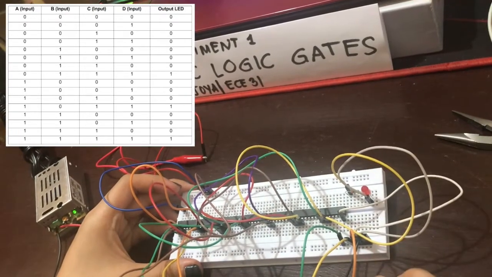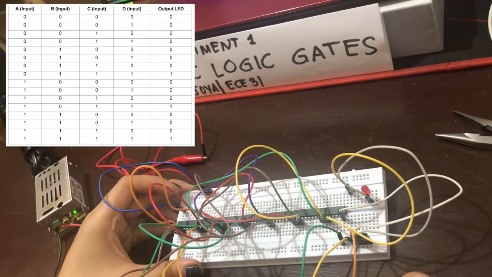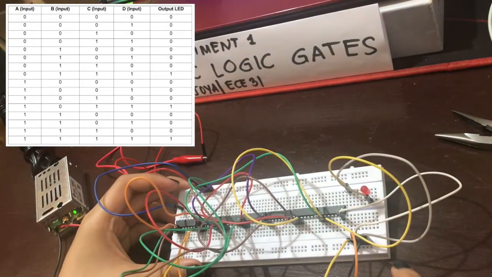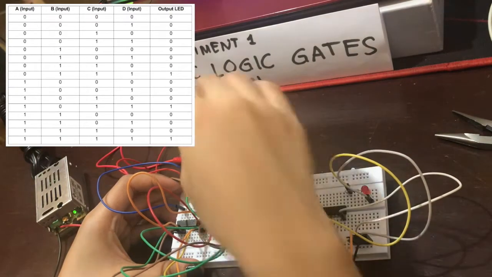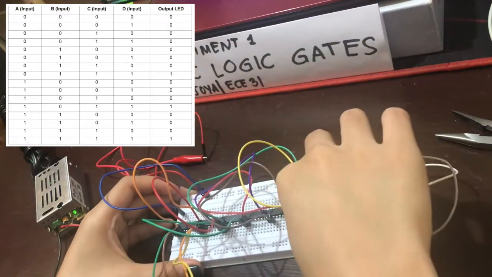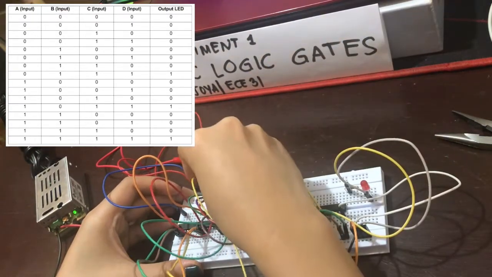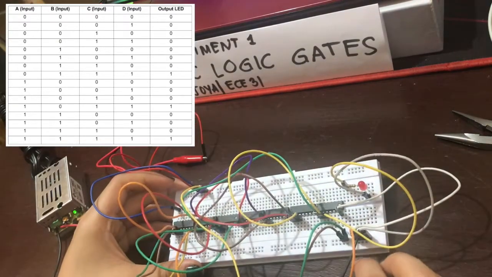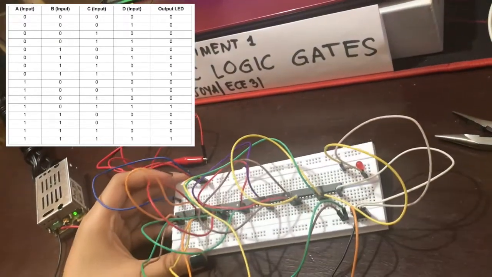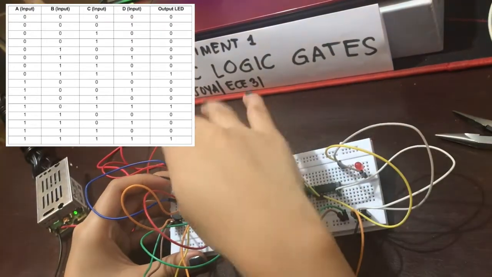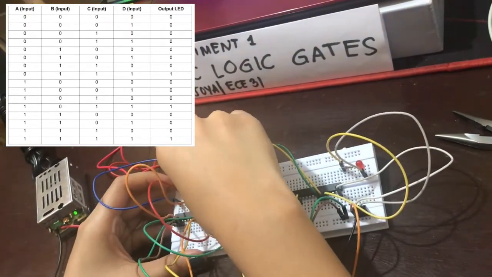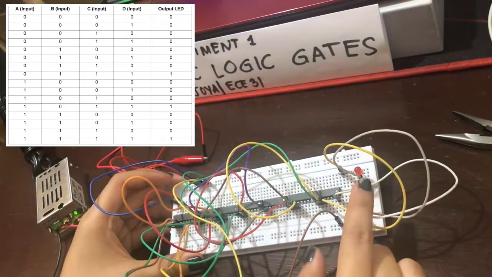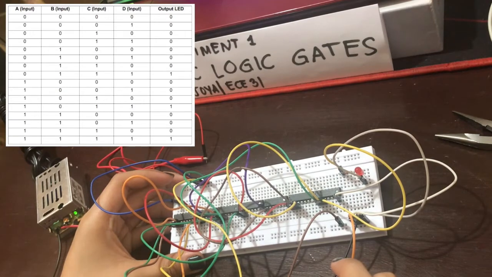When C and D are logic 1, output is still 0. When B is logic 1, output is still 0. When B and D are logic 1, output is still 0.